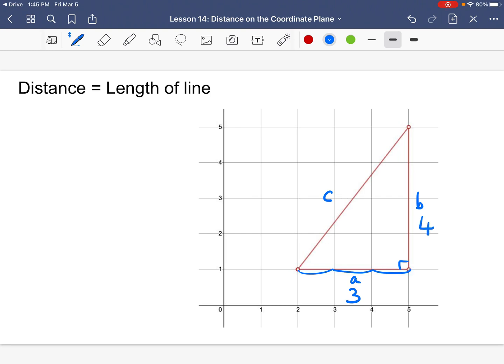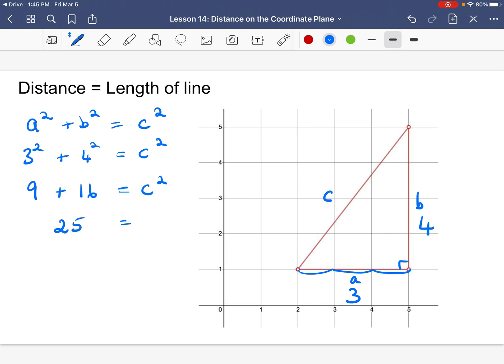I'm going to use the Pythagorean theorem, A squared plus B squared equals C squared. I have the measure of the two legs, 3 squared and 4 squared, and I need to find the length of the hypotenuse. So 3 squared is 9, 4 squared is 16, c squared is 25.